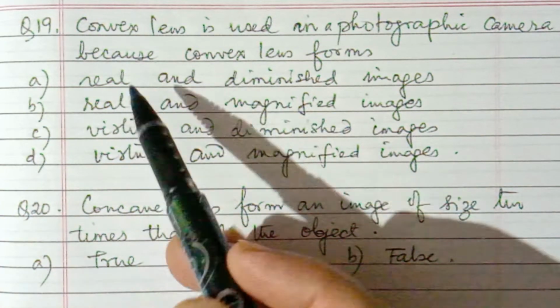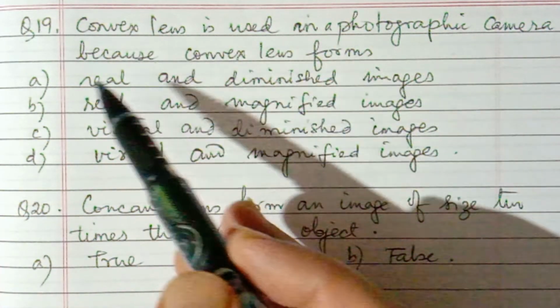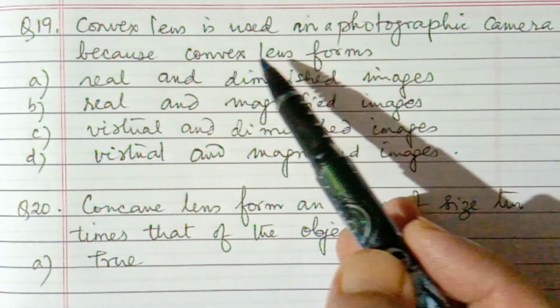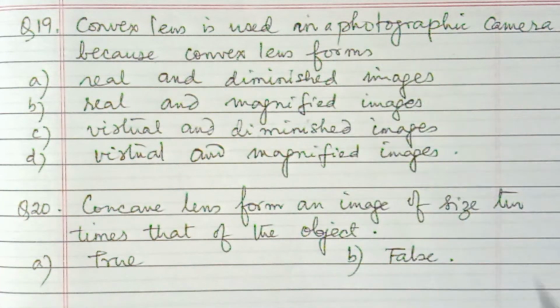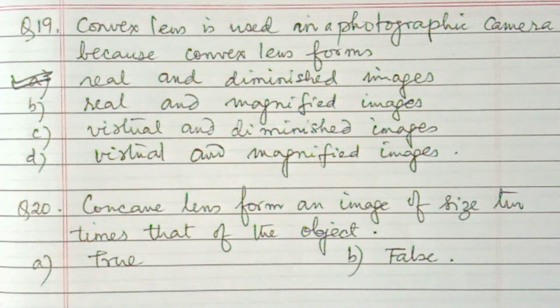Question number 20. Convex lens is used in a photographic camera because convex lens forms which image? So real and diminished images, because real images are required, because you have to take the image on the screen.